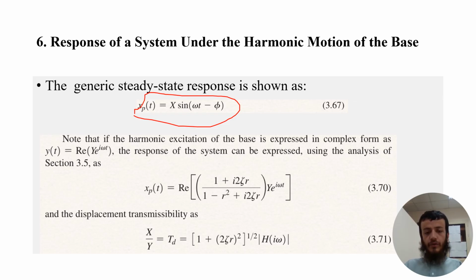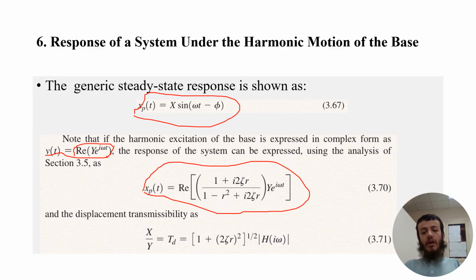If we go deeper, the y value is expressed as a complex number, and we will have the particular solution or steady state response by this value x_p. The displacement transmissibility is the ratio of x to capital Y, shown by T_d equal to this value.